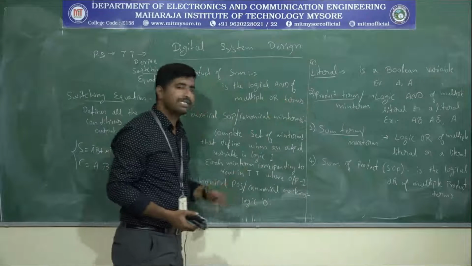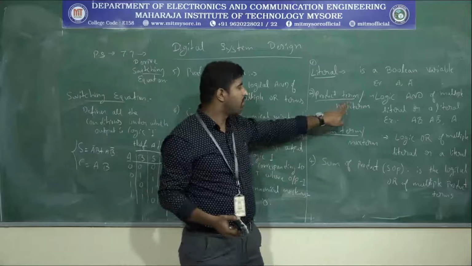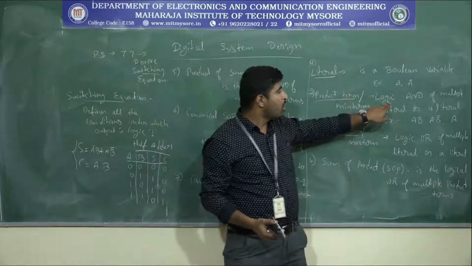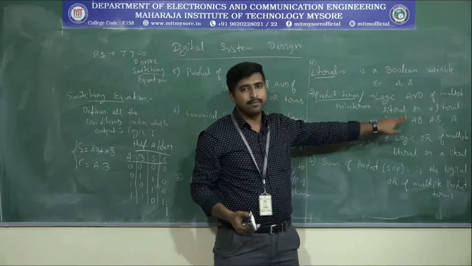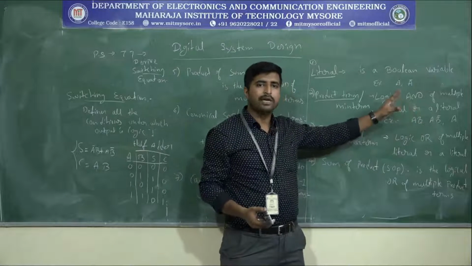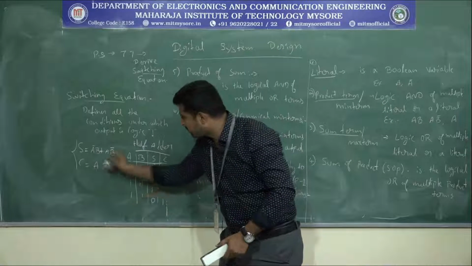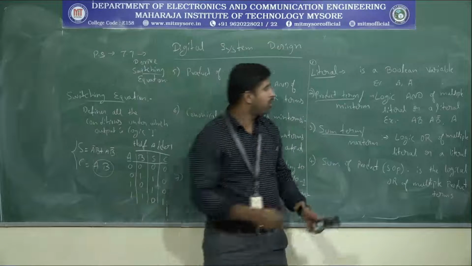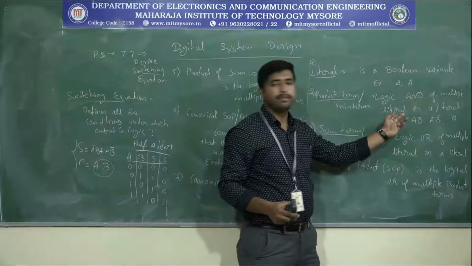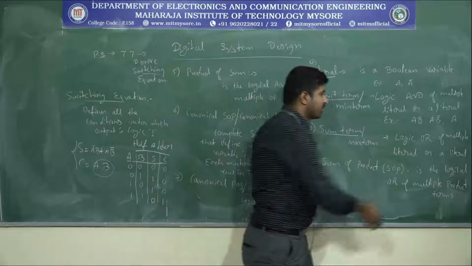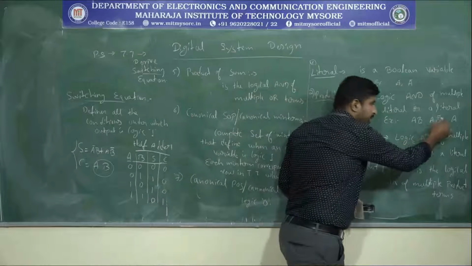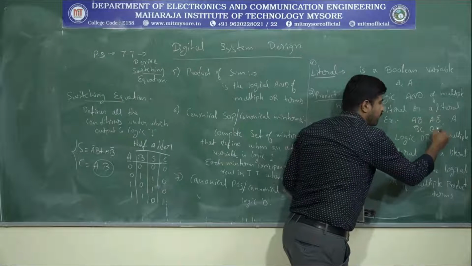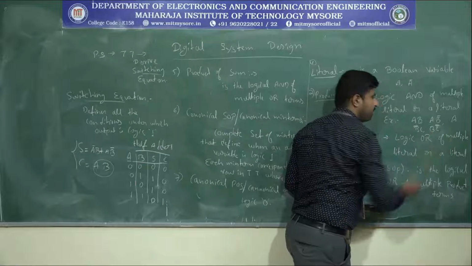Next comes the second: what is a product term, or min term? A product or min term is a logical AND of multiple literals or a single literal. So this is AB. Here AB is a product term. For example, AB, A bar B, or B bar C bar.